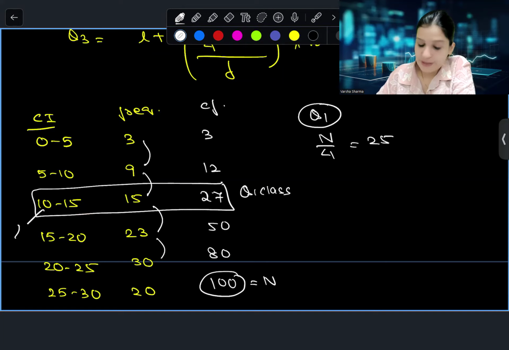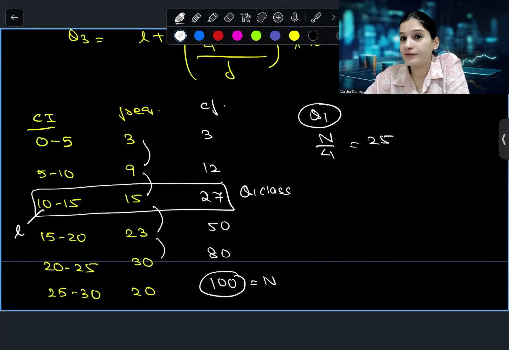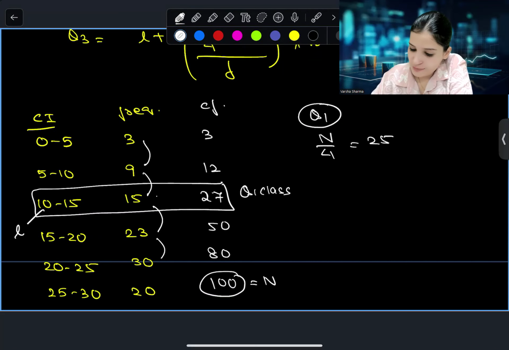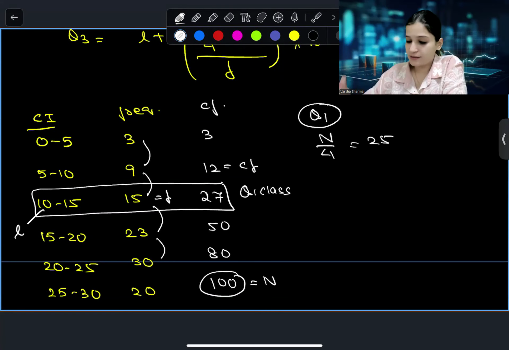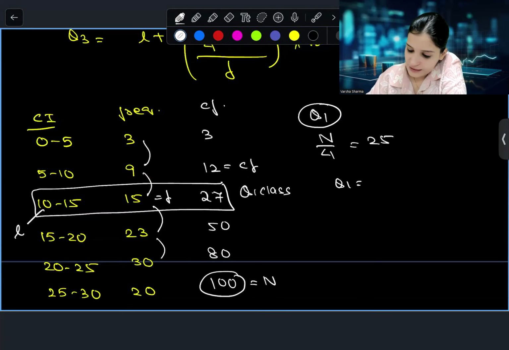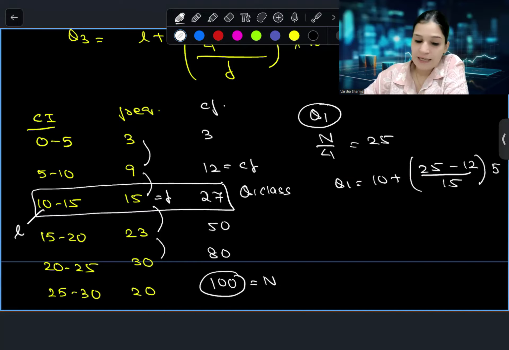So L is the lower limit. Remember, the data has to be exclusive. If it is not exclusive, we make it exclusive. This will be your frequency. Cumulative frequency is taken from the previous class. Q1 is L plus (n by 4 minus Cf) by frequency into h, h is 5. Calculate.